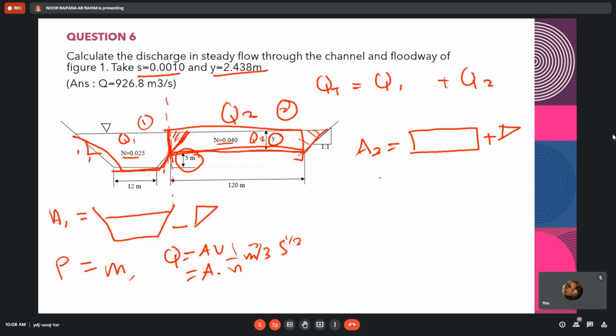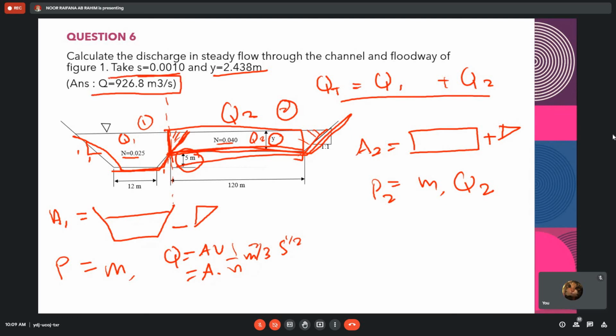So dah kira area, kira weighted parameter, weighted parameter dia punya ni je. Ni saja. And then dah boleh kira M, and then dah boleh kira Q2. So bila dah boleh kira, baru totalkan semua. Finally you dapatlah Q yang ni. So you kena try buat nanti.